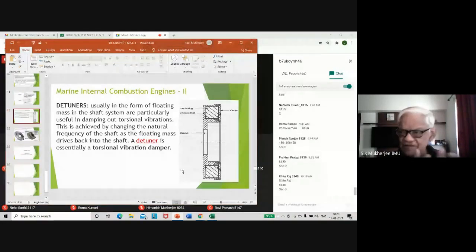Now, suppose you have a shaft which is prone to having torsional vibration. On that shaft, you mount a casing through a flange. And then inside that casing, you have a hollow space where a heavy ring can be fitted in.